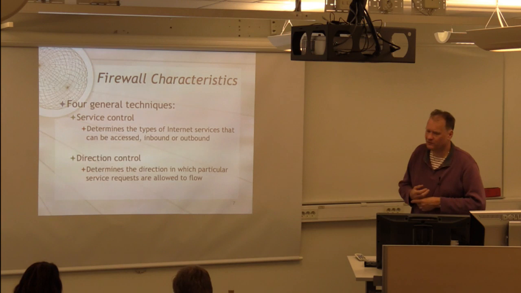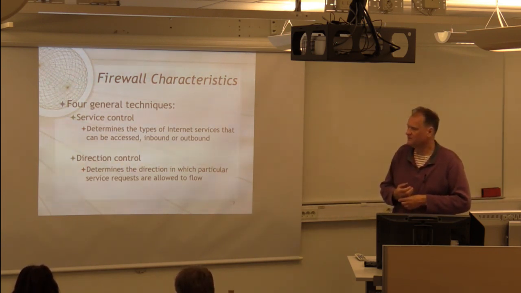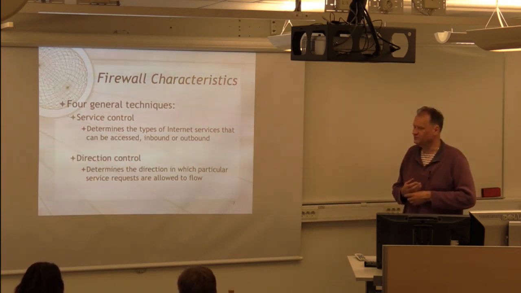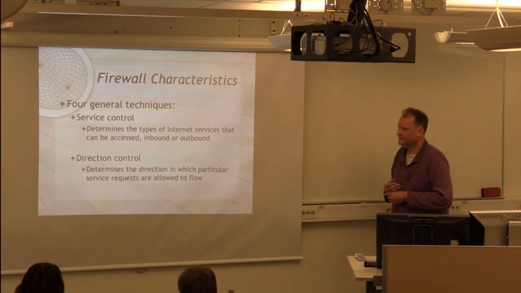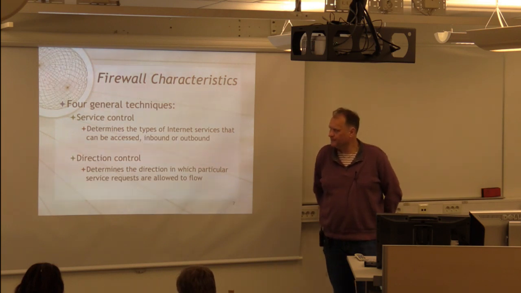We'll talk about four different techniques a firewall uses when it decides what type of traffic should be allowed to go through or should be dropped. So the first one is service control.